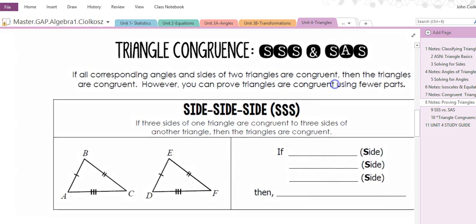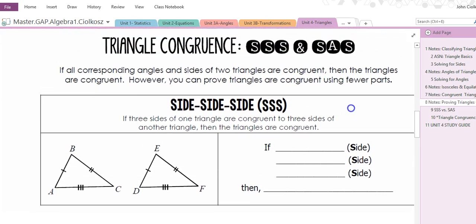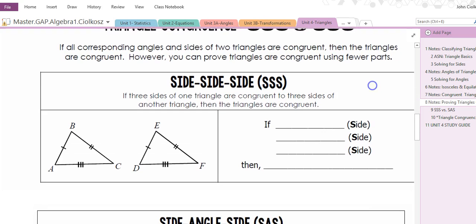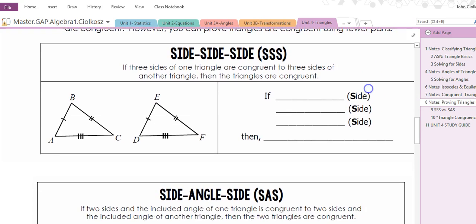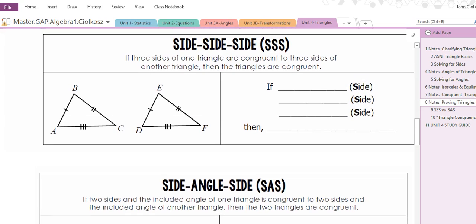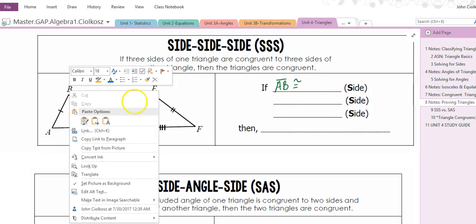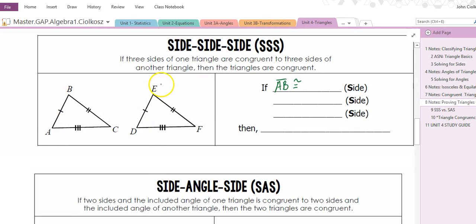Okay, let's check out a side, side, side example. So there's our definition. Now, we see AB and DE are congruent. So notice the order: AB, DE.